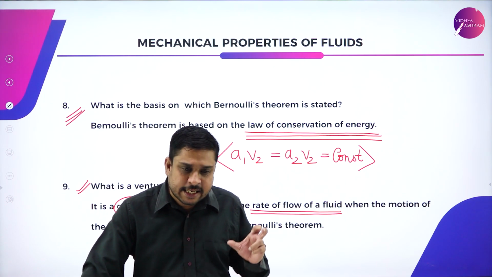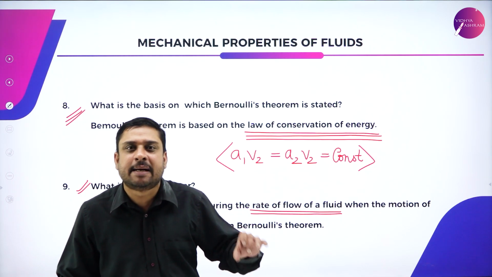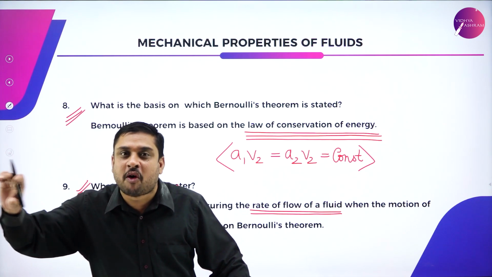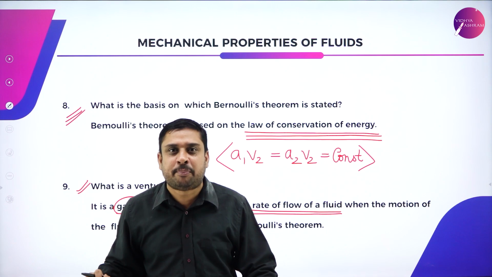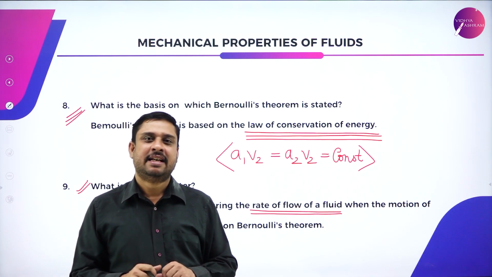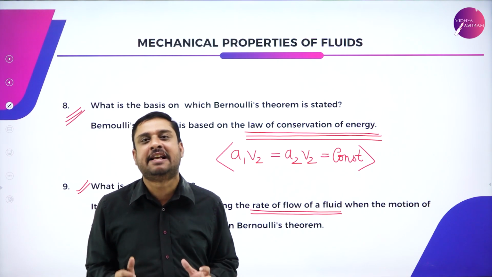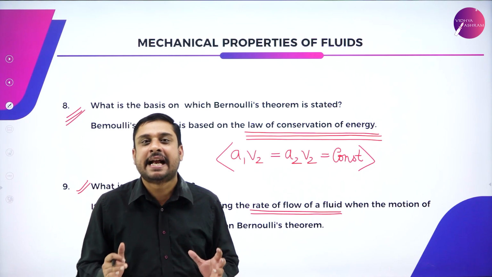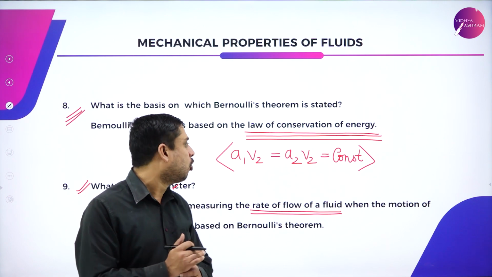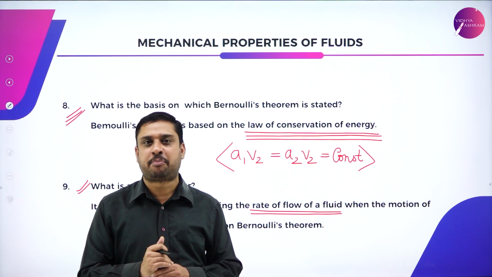And therefore, the volume of a fluid which enters the pipe should be equal to the volume of the fluid coming out of the pipe. Which means again, the equation of continuity defines steady state, or what is called steady flow. So these are the question and answer forms from this chapter.